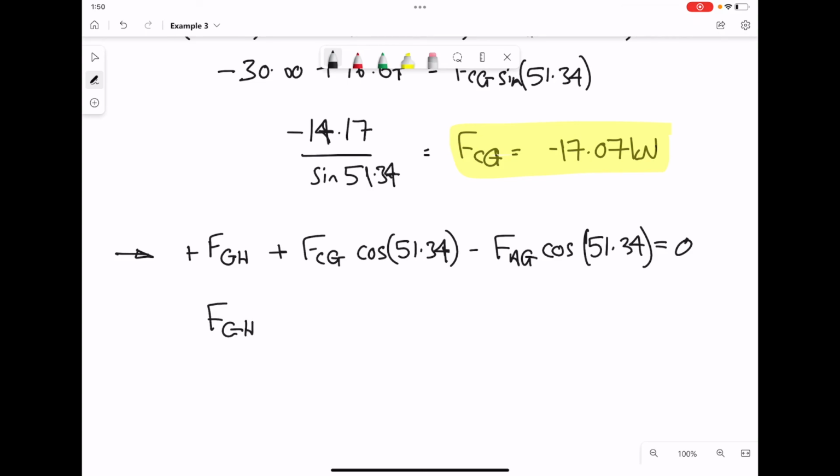FGH, fill our value in for CG, minus 17.08 times the cos 51.34, and force AG 38.42.